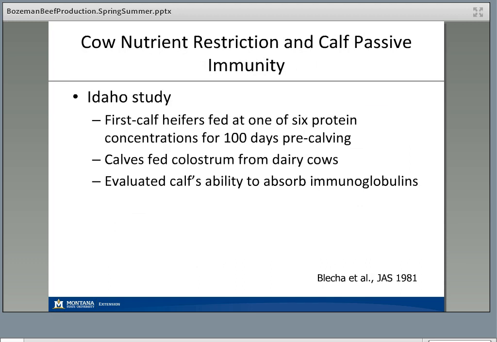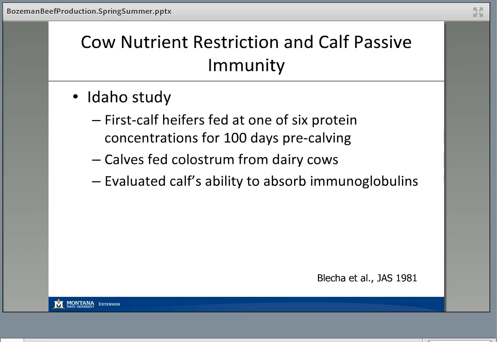So another cool study in colostrum research happened in Idaho with some first calf heifers. And so they were looking at the level of protein in heifers' diets ahead of calving and how that impacted their calves. And so in this experiment, they had 6 different protein concentrations fed for 100 days before calving, so that last trimester, that last part of gestation.